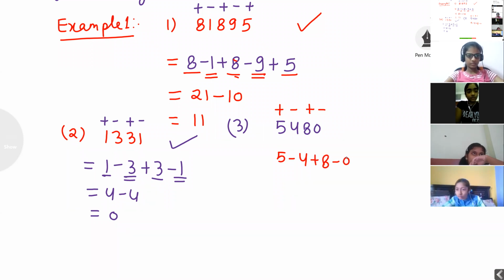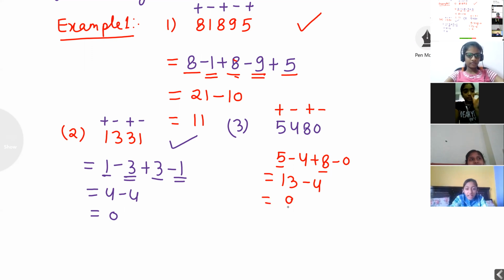Now I want to check the plus signs and minus signs. Plus 5 plus 8, 13, minus 4. What is the answer? 9. Will 9 come in the 11 table? No. Then this number is not divisible by 11. Note down, everyone.